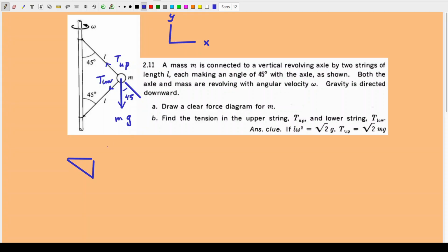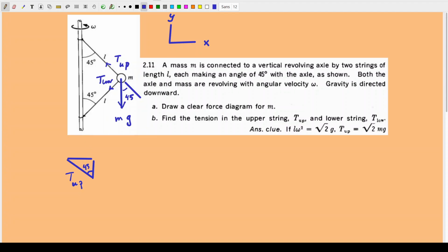So the hypotenuse here is T up. And the angles here are just 45 degrees. So let's say I look at this angle here. That's 45.